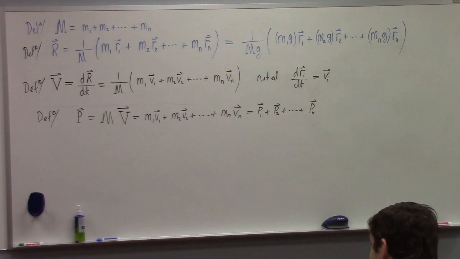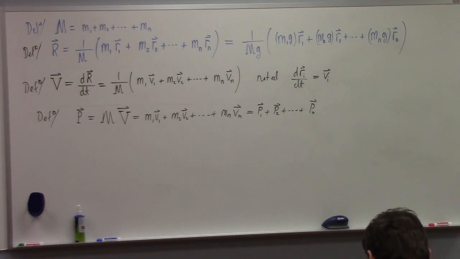So what does all this mean? This means that if we have a system of n particles and we want to think of it collectively, we can essentially ignore the internal forces.